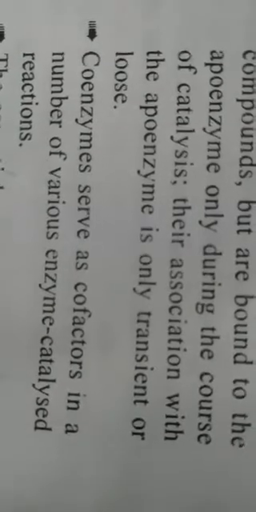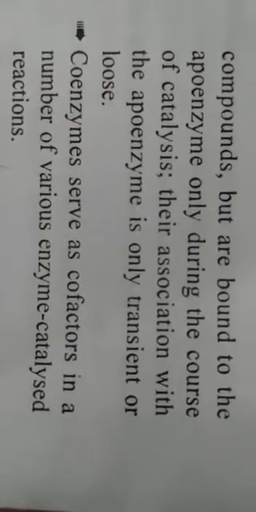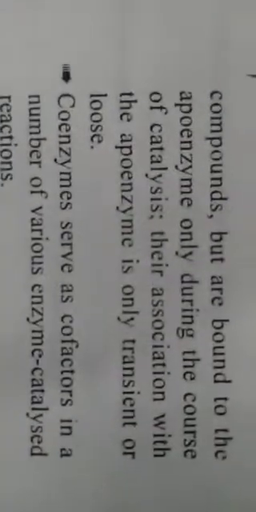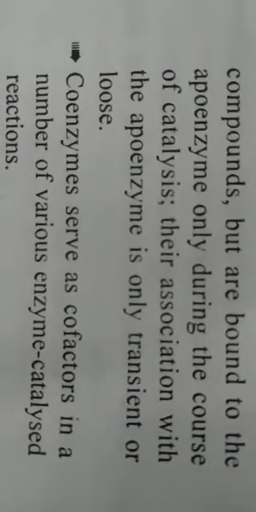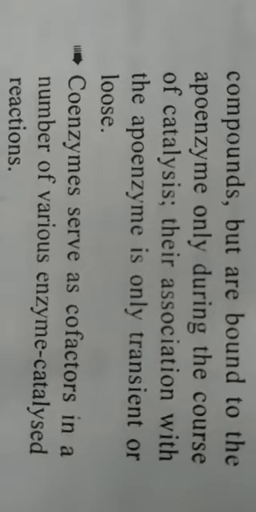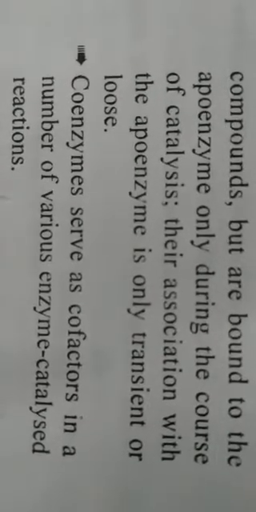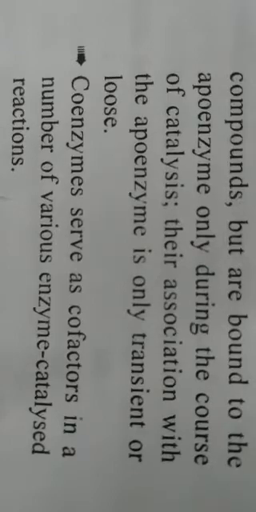Now if we see the coenzyme, coenzymes are also organic compounds but are bound to the apoenzyme only during the course of catalysis, right? When they have to catalyze the reaction, only then they will attach to them.